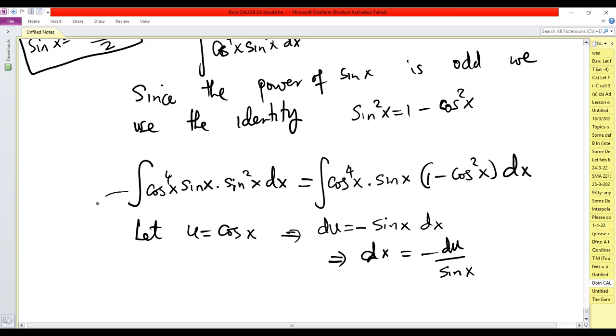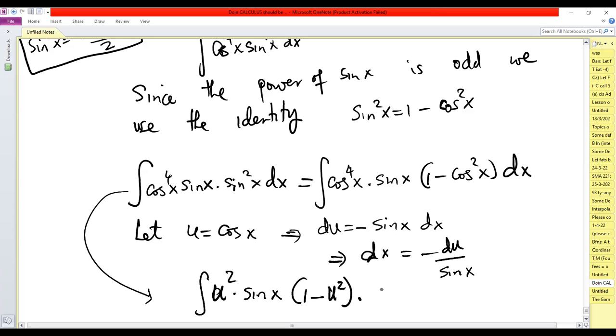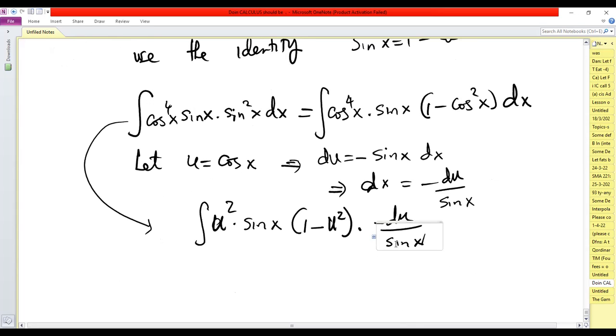So from this step, we'll have the integral of cosine power 4 x, which will now be u power 4, times sine of x, times 1 minus cos squared x, which will be 1 minus u squared, times dx, which is negative du over sine of x. Now you see clearly that sine x and sine x will cancel out.